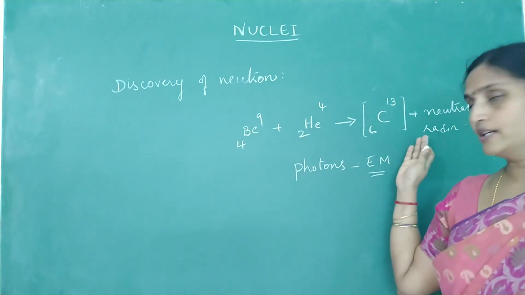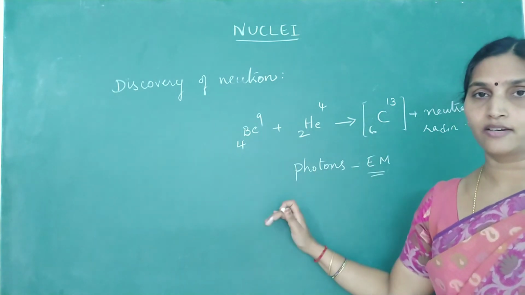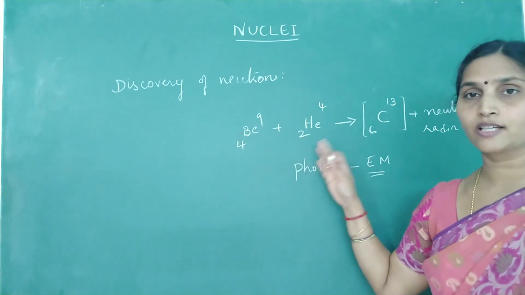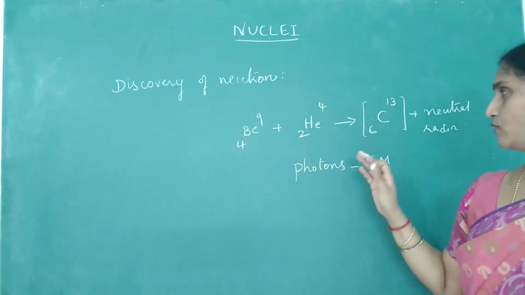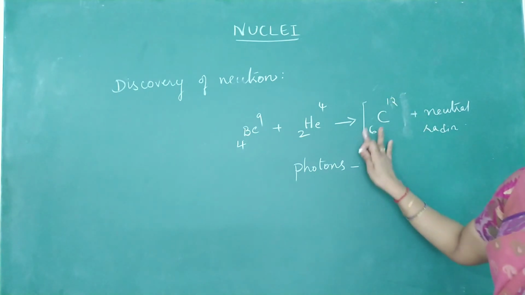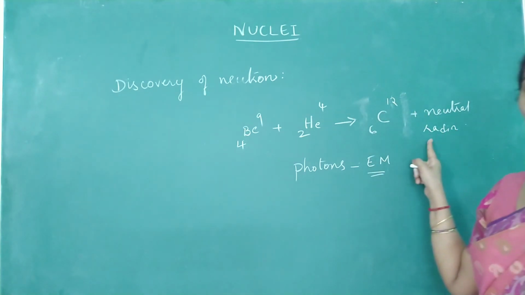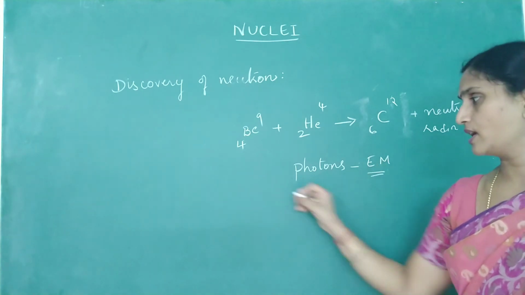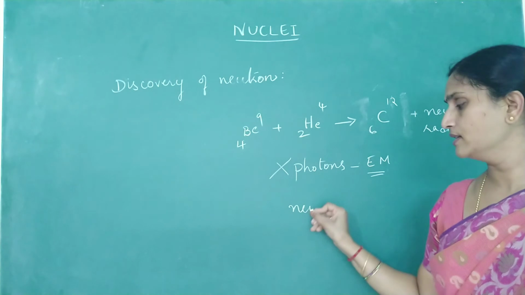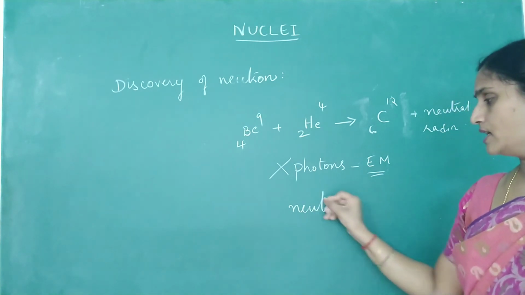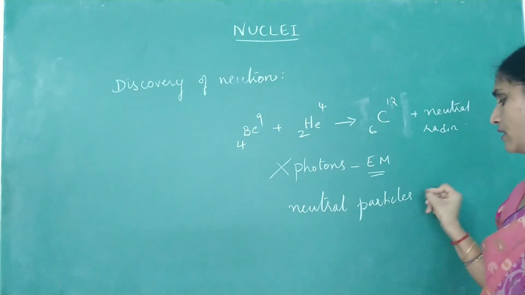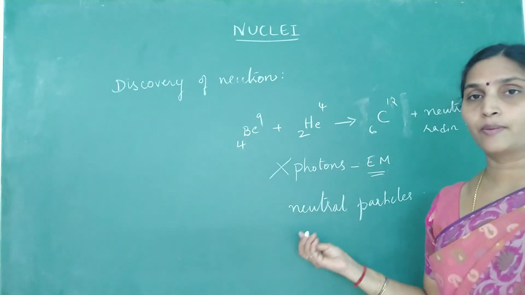So this riddle was solved by Chadwick. He predicted that when beryllium is bombarded with helium, it results in the formation of carbon. Along with carbon, some neutral radiations were also coming out, but these radiations are not photons but some neutral particles, and these neutral particles have the ability to remove hydrogens from paraffins.